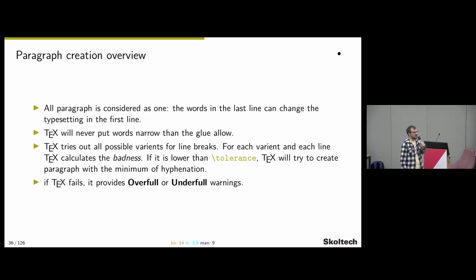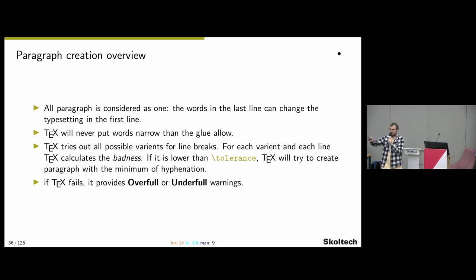So what is interesting in the example: paragraphs are considered as one unit, so LaTeX can do something inside a paragraph, but it can't do something outside. And so if you see overfull or underfull warnings, whoever saw these two types of warnings, overfull or underfull?